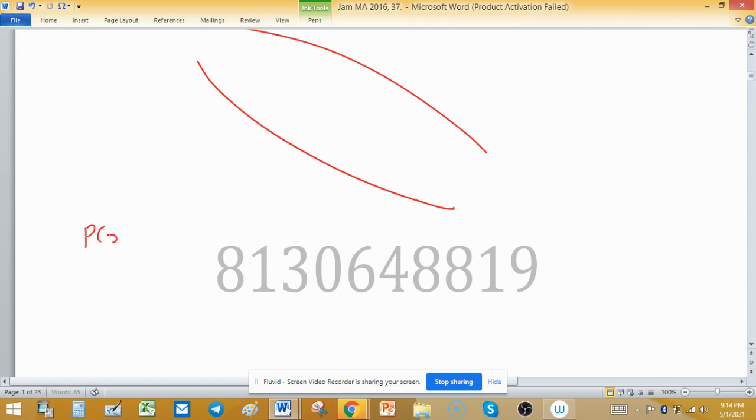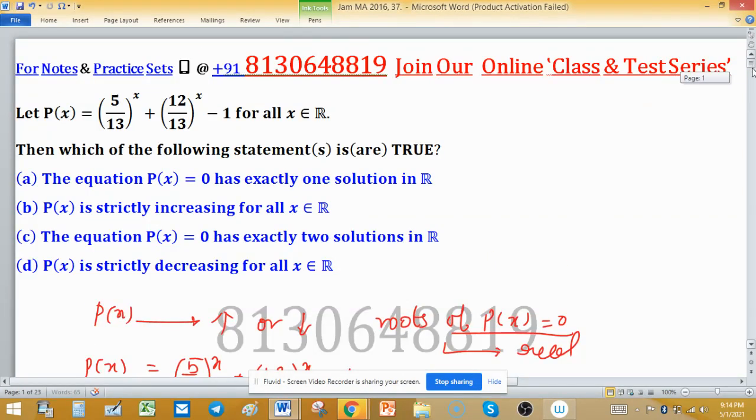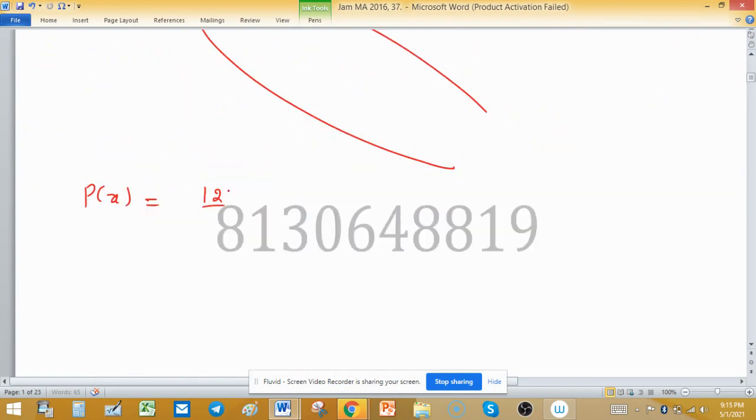As p(x) is given, (5/13)^x + (12/13)^x − 1, consider t is the root, t is a real root, t belongs to the reals.